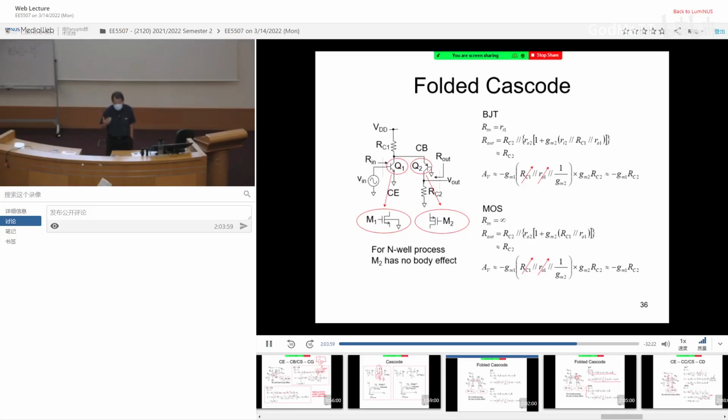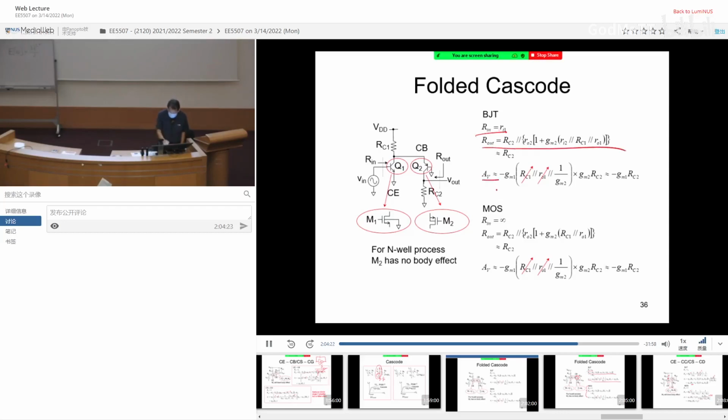Okay? Not that difficult. So first stage, we use NPN. We climb up, right? But because of the headroom, we cannot reach. So let's climb down. So using PNP, climb down. And in terms of analysis, still the same. Input resistance, the same. Output resistance, also the same.